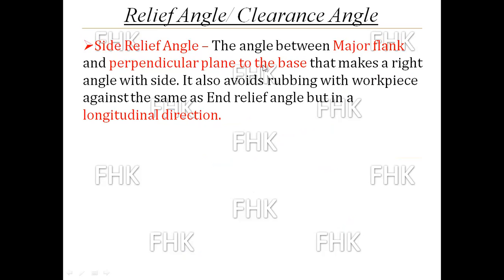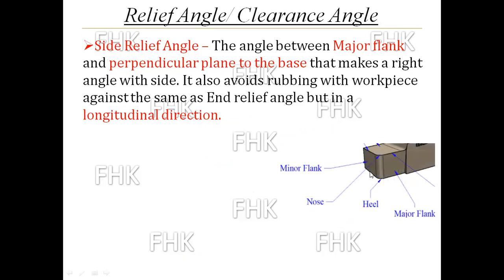End relief angle. Now come to the next in the relief angle, the side relief angle. The angle between the major flank and the perpendicular plane to the base. This is the major flank.